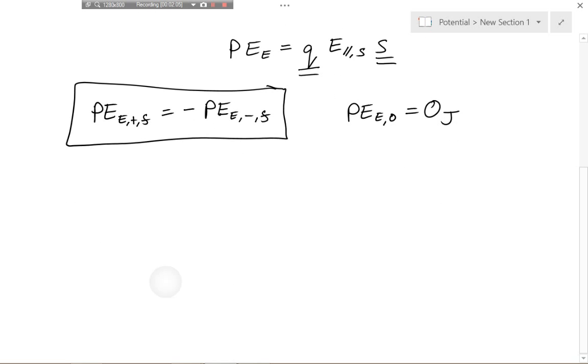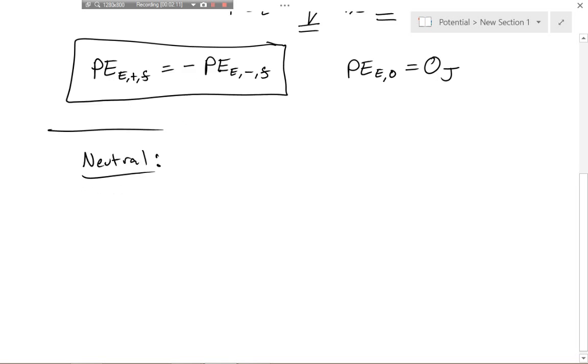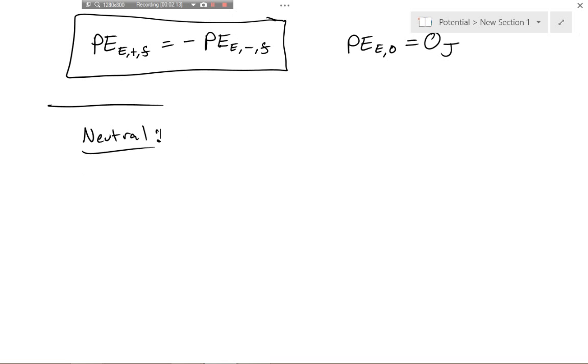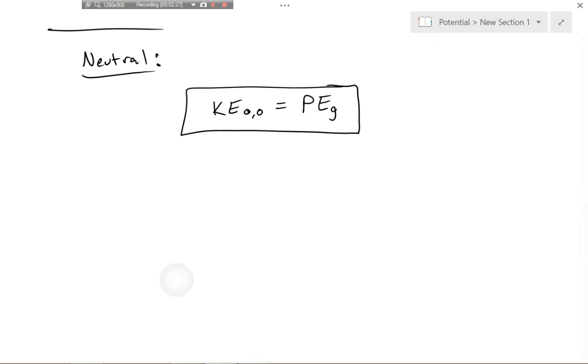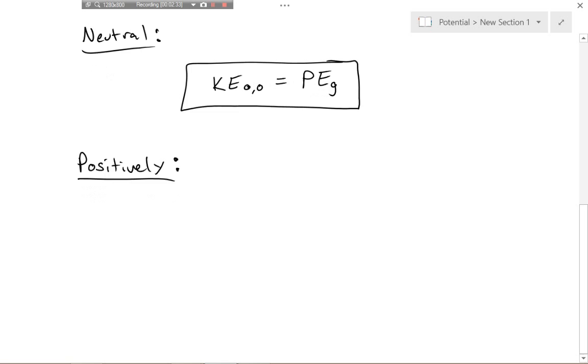So if we apply conservation of energy to the neutral particle, this is very simple. You're throwing the object up into the air, and the object is going to reach some final height. So we'd say that the initial kinetic energy of the neutral particle is going to be equal to the gravitational potential energy. This is the only formula we have for the neutral particle. For the positively charged particle, it's a little bit more complicated.